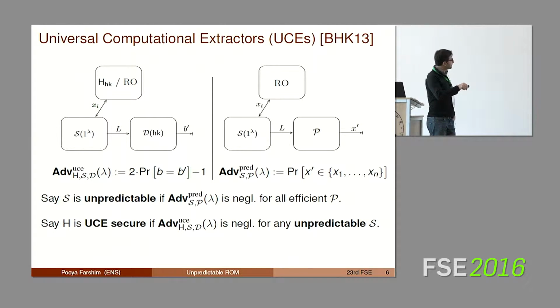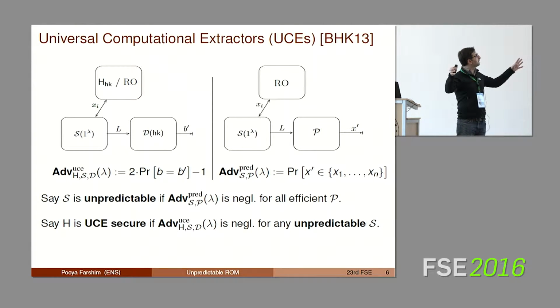We say that this hash function H is universal computational extractor secure if the advantage in this game against the source and distinguisher is negligible for any unpredictable S. And unpredictable S was defined over here. So basically, if you talk to a box, and if your query is unpredictable, and then at some point you get the hash key, you get a new sort of security definition which might or might not be feasible.